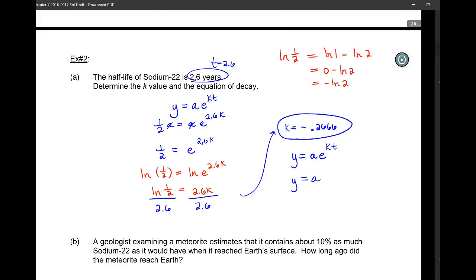That's my starting amount. But I now know k is negative 0.2666. And I'm going to put t. I'm not going to put 2.6. What I want to do is take that equation and only plug in what we know. We only know k.